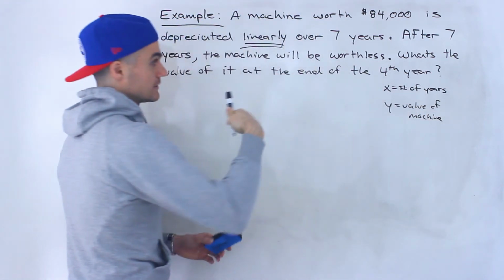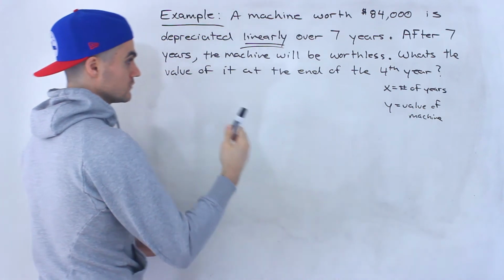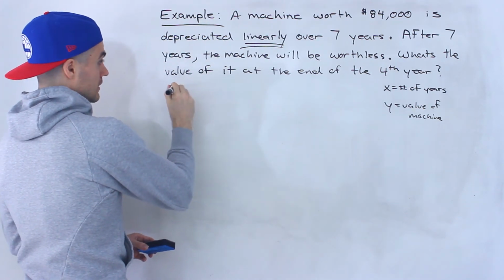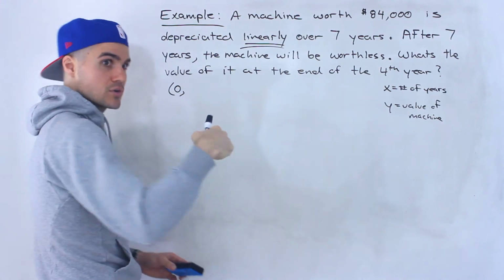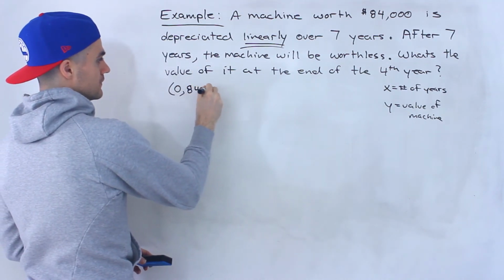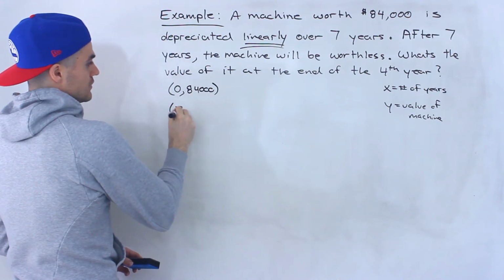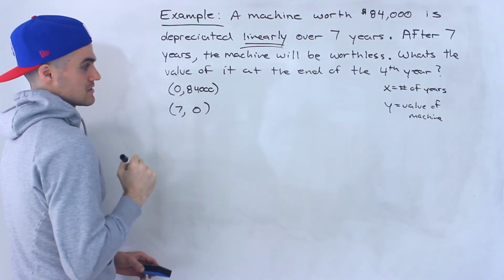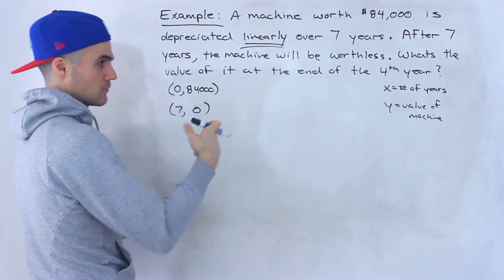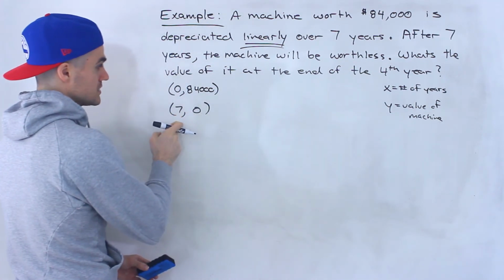Because it's depreciating linearly, we can make an equation of a line. The first point would be if 0 years have passed by, which is today, the value of the machine would be 84,000. And then if 7 years pass by, the value of the machine is going to be 0. So we got these 2 points here, and we can find the equation of a line with these 2 points.